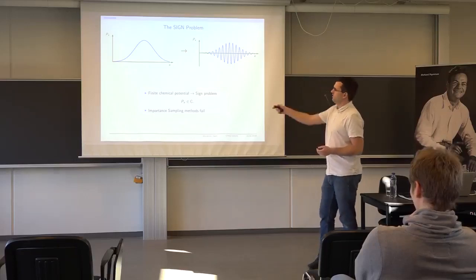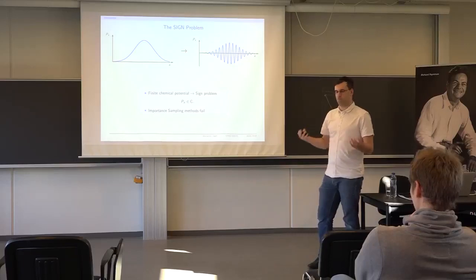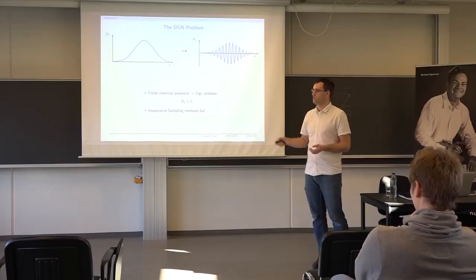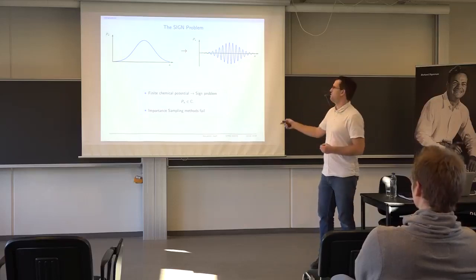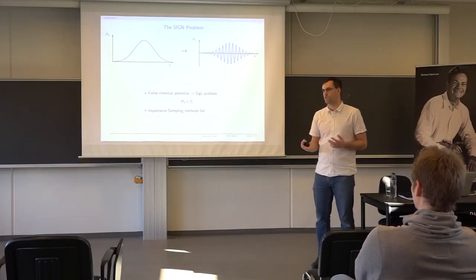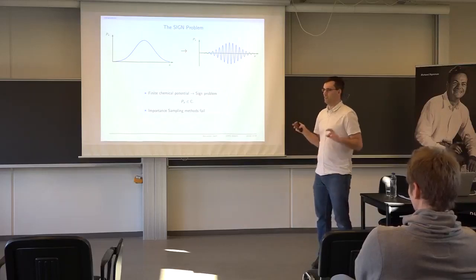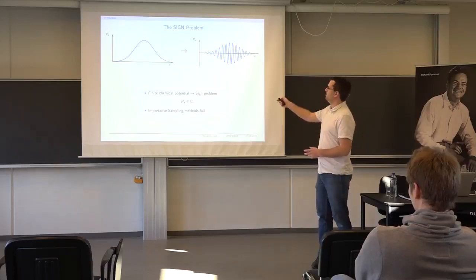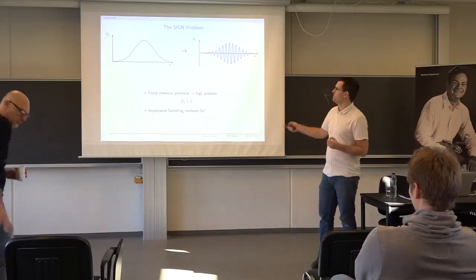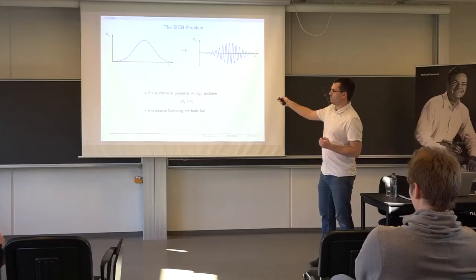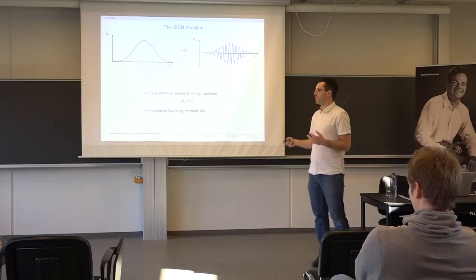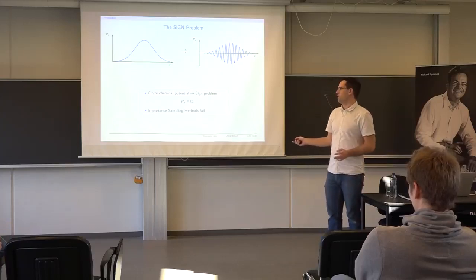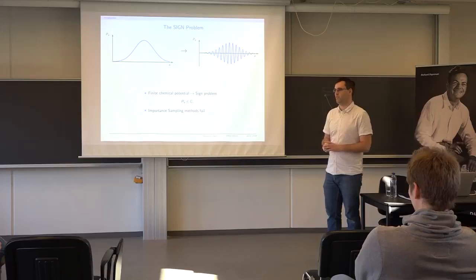This nicely behaved probability distribution becomes a complex value, so it oscillates wildly, and it's very hard to determine which are the relevant states. How should we choose our random numbers to get the highest value of the peak? The exact calculation relies on the fact that we can precisely cancel these effects close to each other. This goes under the name of the sign problem, and then all the importance sampling methods fail.